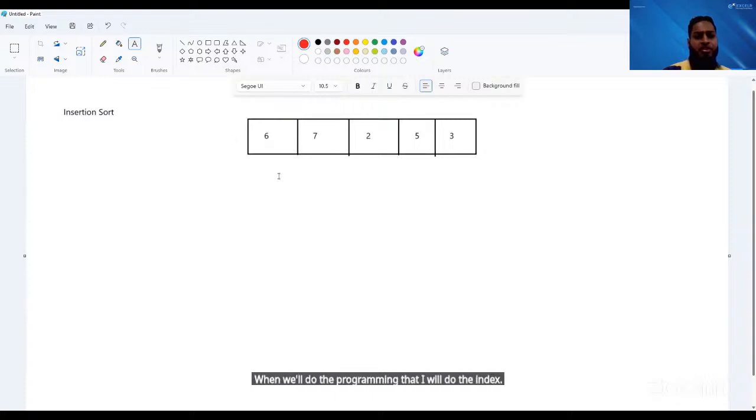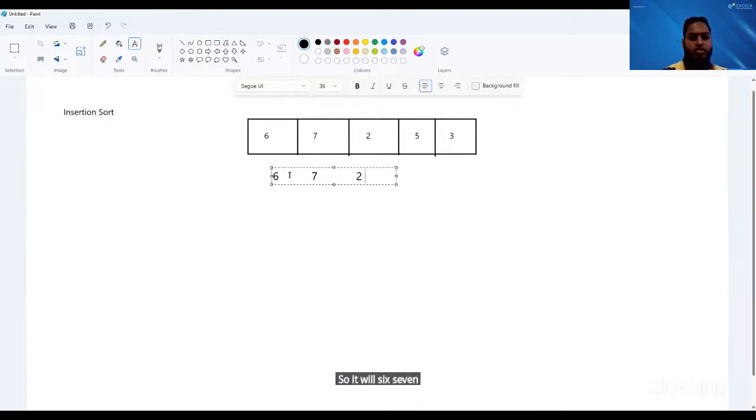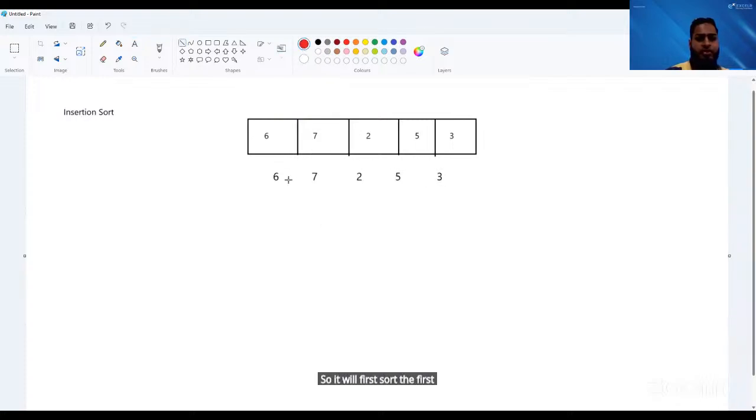What happens in insertion sort is pretty simple. What it does is it sorts the first two numbers, then the first three numbers, and like this it goes on. So 6, 7, 2, 5, 3. It will first sort the first two numbers, 6 and 7.